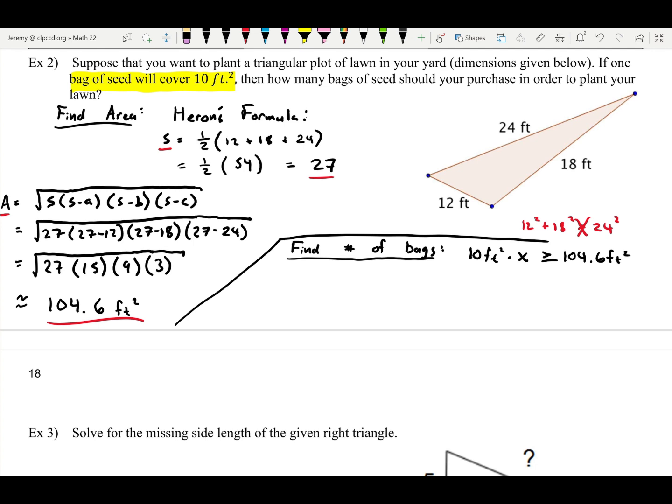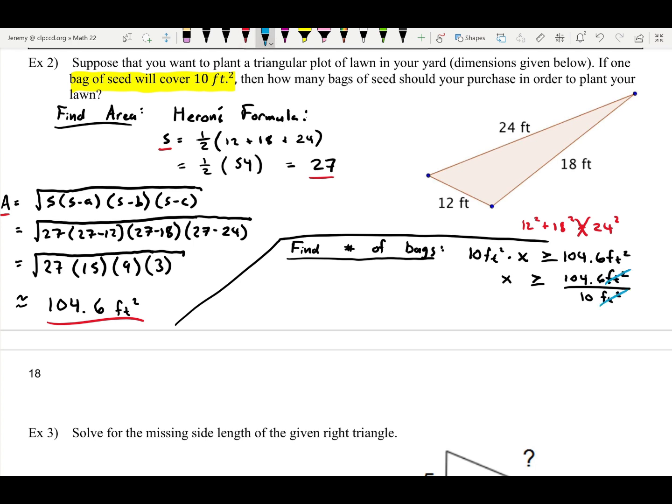Okay, so solving for x here, I can divide both sides by 10 square feet. And a nice thing happens with the units here. So 104.6 feet squared, and if we divide that by 10 feet squared, notice that the units cancel out.